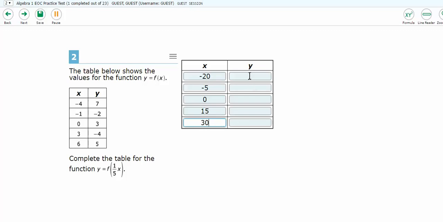All our y values just stay the same: 7, -2, 3, -4, and then 5. So this is basically how you populate the fields when you're dealing with open-ended questions of this nature on the EOC test.